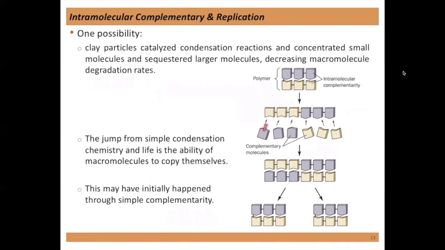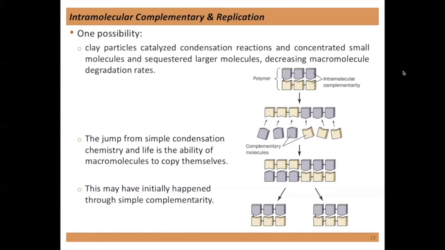And so you could see that these would match up here. That would bring them into close proximity. And then you have something like a surface that maybe has acidic or basic residues that would then allow those bonds to form. And now you've got two molecules that could also fold up on itself and be complementary. And then you could imagine that this continues on and you make more and more complex molecules.